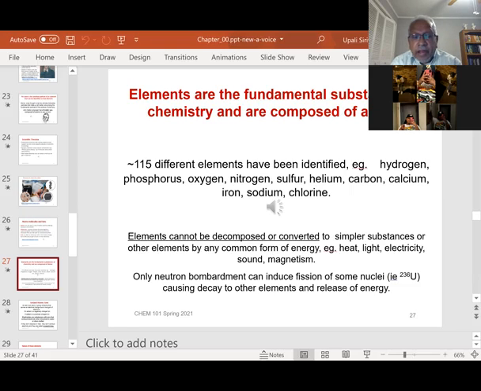Only atoms could be destroyed by high energy particles like high energy electrons, to break up the atom, releasing an enormous amount of energy. You heard about a nuclear reaction to produce a large amount of energy, producing an atomic bomb.